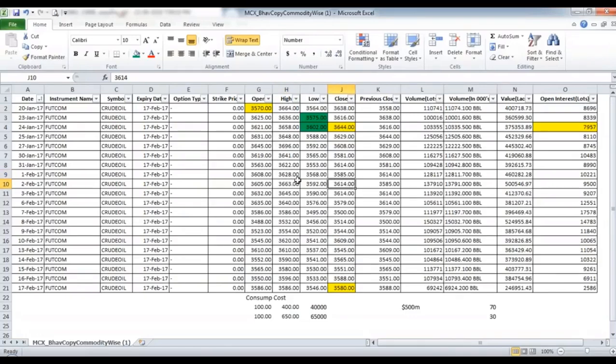It's not a full uptrend, though the open interest has reduced. We have already made a trade which is okay, but is it getting into an uptrend? The answer is no. Otherwise, it should have at least closed above this. It should not have come down and closed below it, which means there is some problem, right?